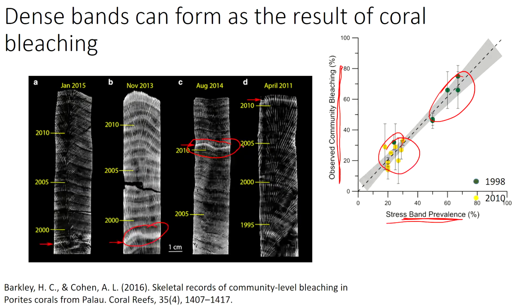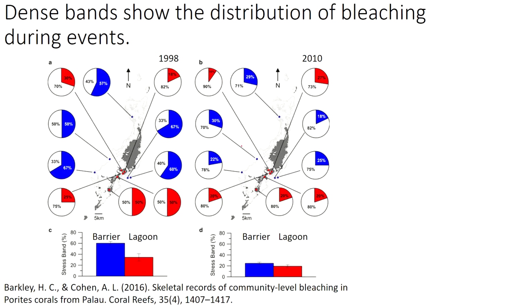So we can use this tool to look into the past and effectively do surveys of coral reefs of the past. If we wanted to investigate how a coral reef responds to a particular bleaching event or a particular marine heat wave that causes bleaching, we could go out and do some field work and survey it as the bleaching happens.